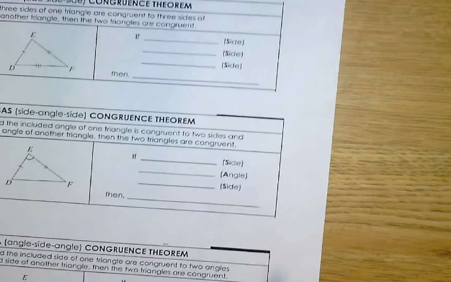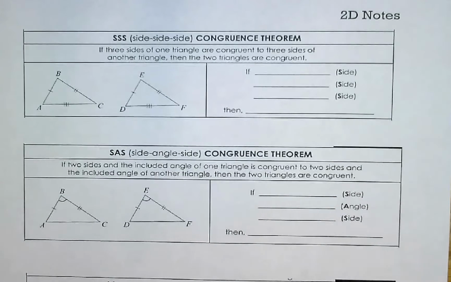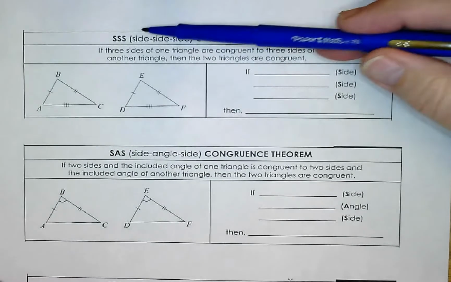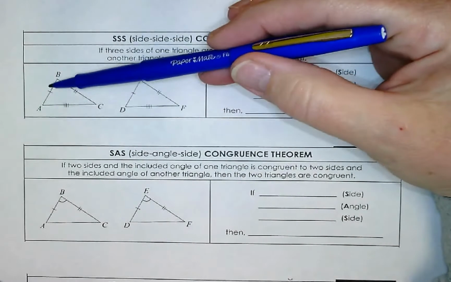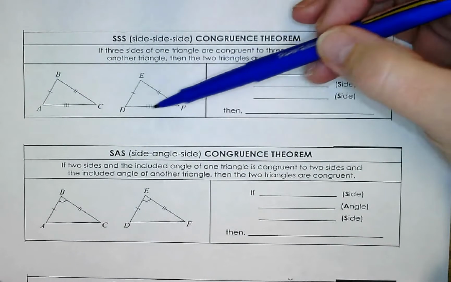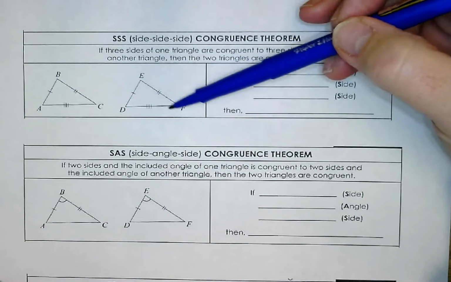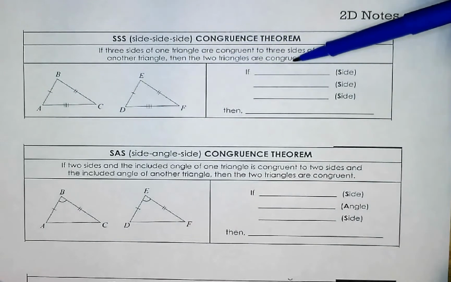So we're going to show you 5 different ways to know that 2 triangles are congruent. The first one is what we call SSS, which is side, side, side. Basically, that means 3 sides of this triangle are marked equal to 3 sides of this triangle. That is enough information to say those two triangles are congruent.